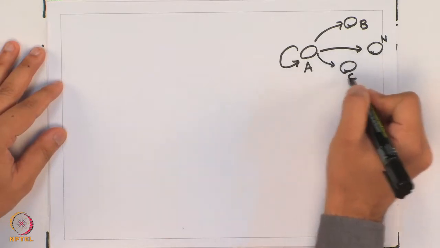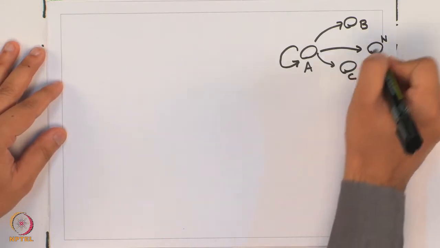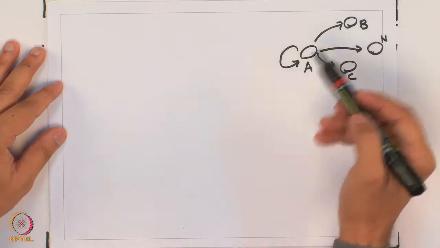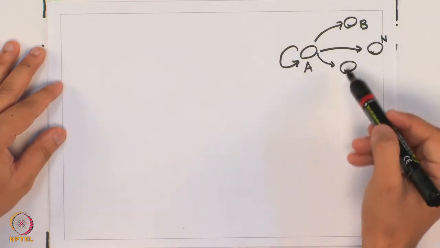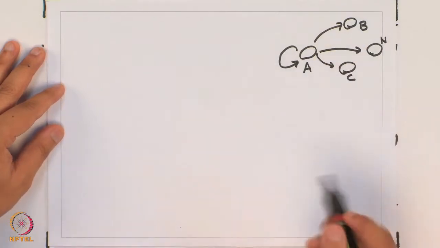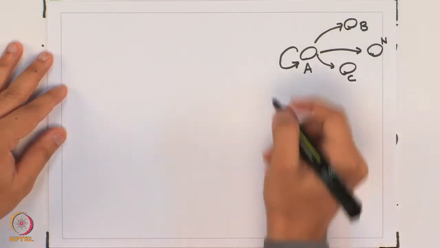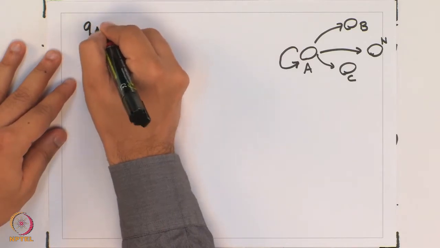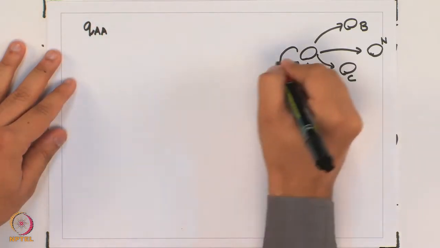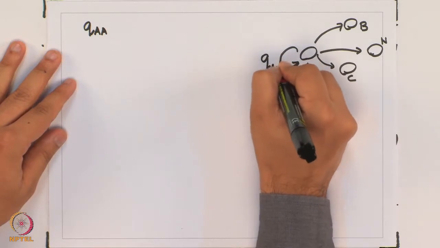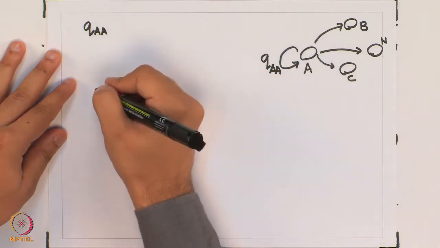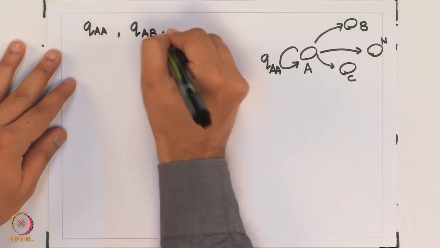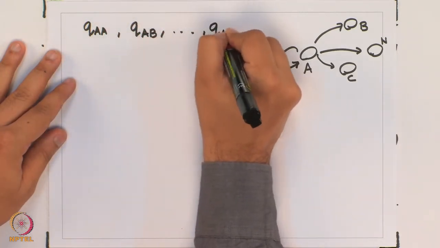I'm drawing arrows leading out of only node A, but the same is going to be the case for every particular node, that when B divides, it could lead to progeny of type A or C or N or itself, and so on and so forth. Now these arrows that are there, I have quantities QAA, the probability that progeny is of type A when division has happened with the parent A, and QAB going all the way up to QAN.